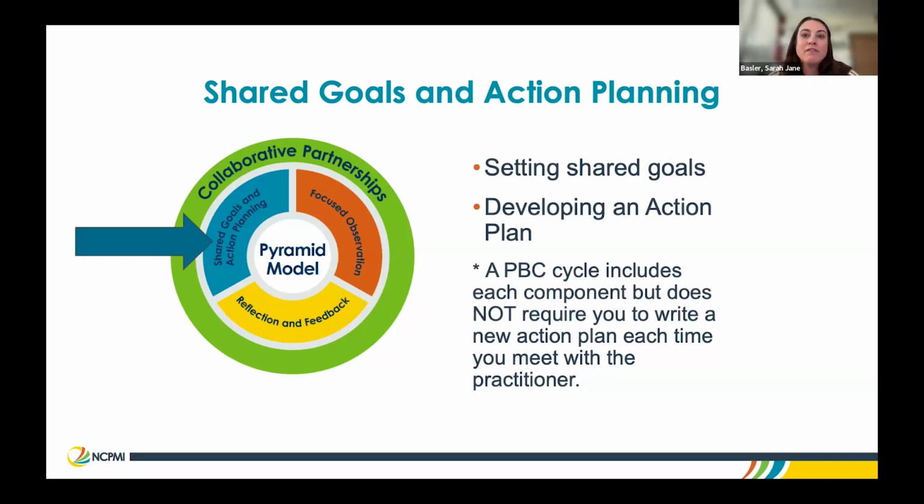We also utilized a form that can also be found on the NCPMI website, the goal planning form. It's just a way to take that very large implementation checklist and narrow it down into 3 strengths, and some ideas for what you want to write your first action plan on. That way we can move through that meeting a little bit more quickly instead of flipping through all those pages of an implementation checklist. Good question.